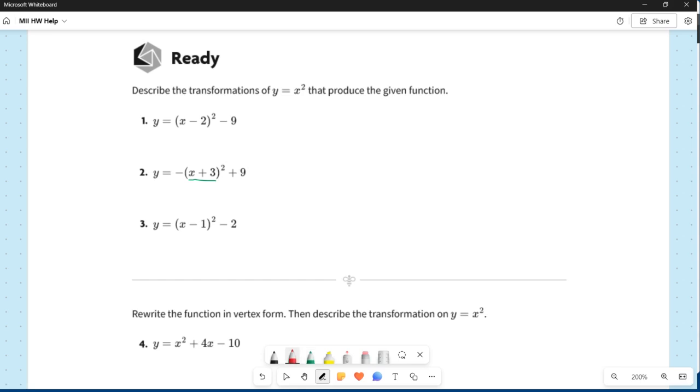The second thing is this negative. And the third and last thing is the plus 9. That's the order in which we have to do these transformations. We start with our input, which is x, and then we apply a scalar to the result, and then we have a vertical shift at the end.